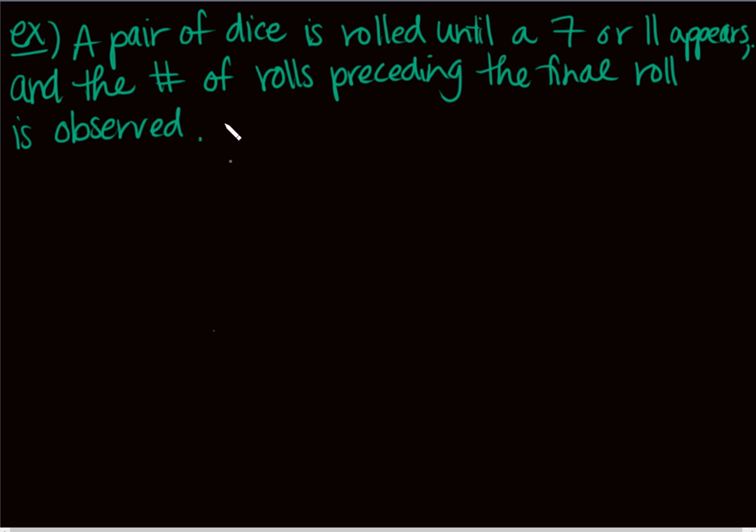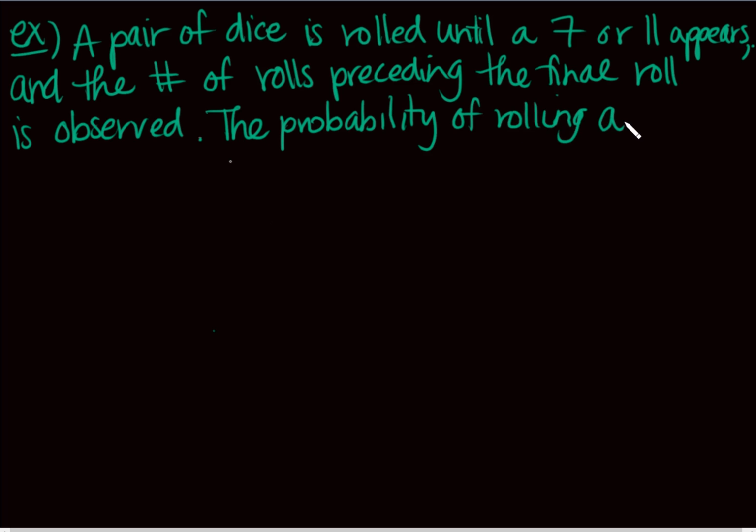All right, the probability of rolling a 7 or 11, either one, is 2/9. And let me explain to you really quick why that's true.